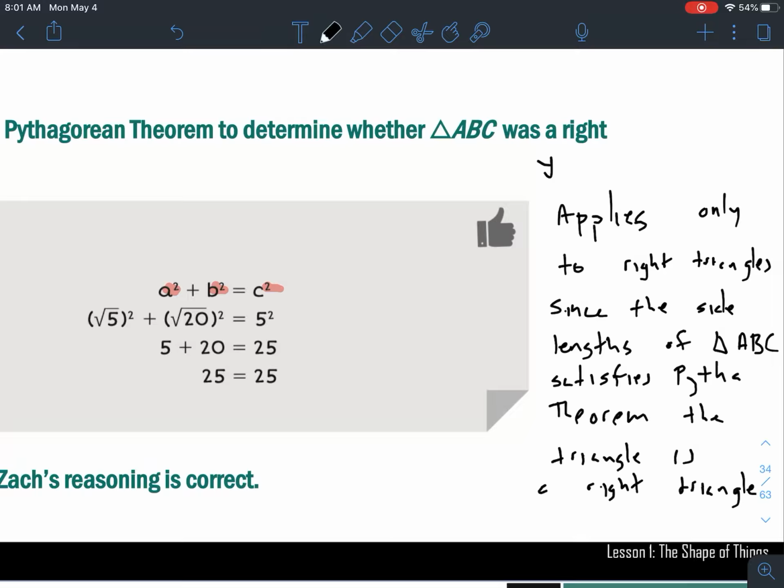That's essentially all you need to write. So it applies only to right triangles, since the side lengths of triangle ABC satisfy the Pythagorean theorem, the triangle is a right triangle. Meaning, since this works out like that, it's true and it's a right triangle.